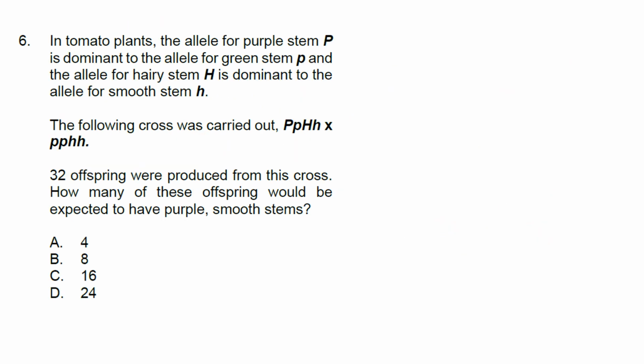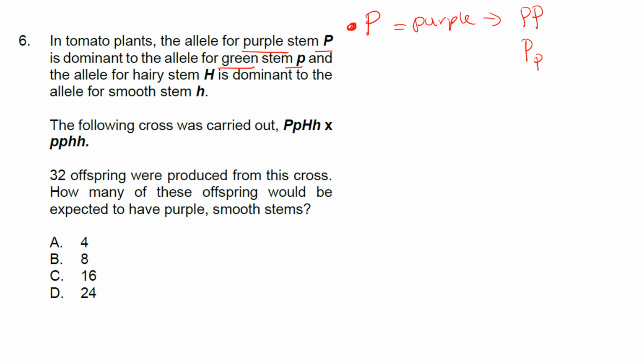Question 6. In tomato plants, the allele for purple stem, P, is dominant to the allele for green stem. So you extract out the information. P for purple, so it means that the genotype for purple can either be homozygous dominant or heterozygous.